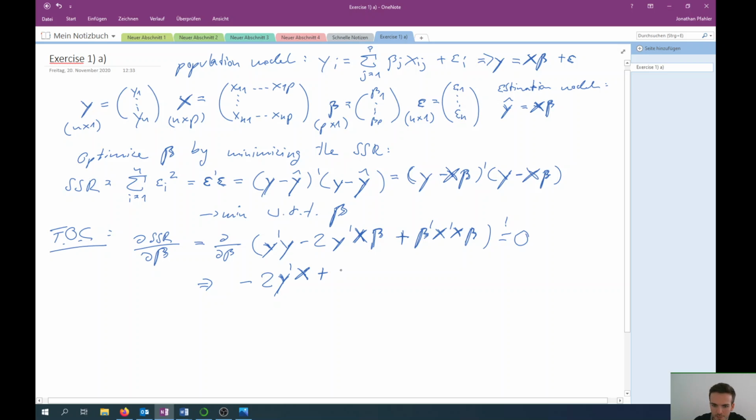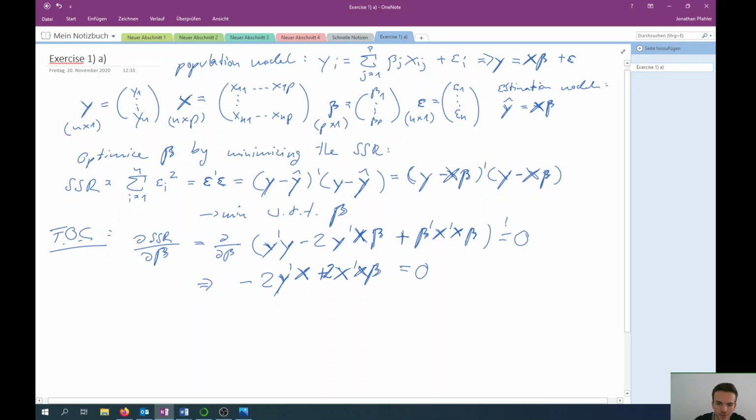Plus, obviously this is X transpose X beta squared.